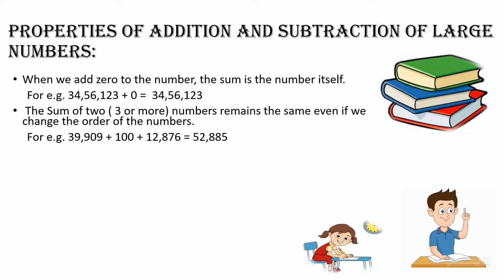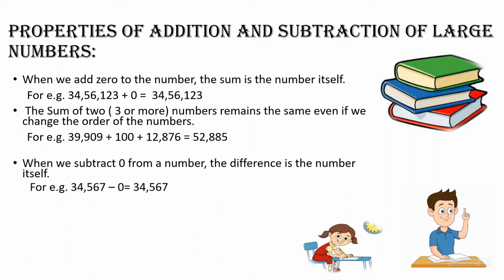The next property, the sum of two or more numbers remains the same even if we change the order of the numbers. For example, 39,909 plus 100 plus 12,876 gives me the sum of 52,885.